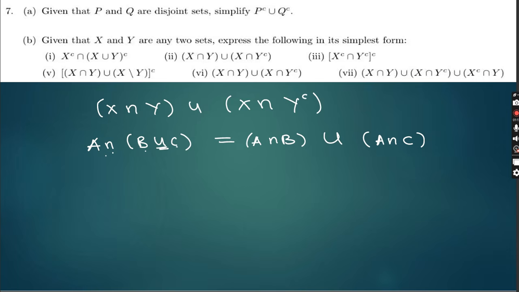This is what distributive law states. It is the same if you had A union B intersection C. We multiply A union B, then in between we replace it with an intersection, and then we have A union C.